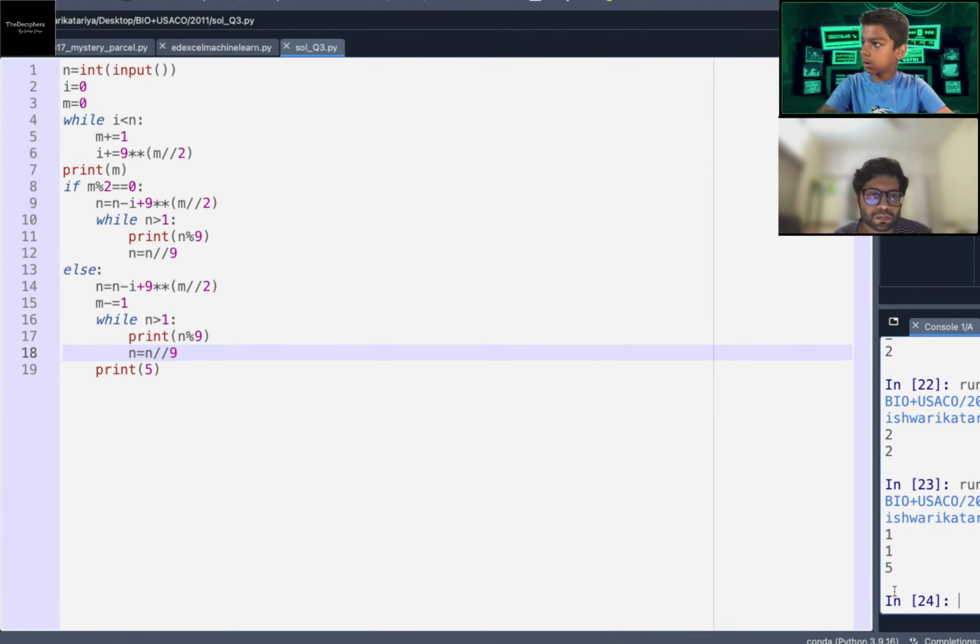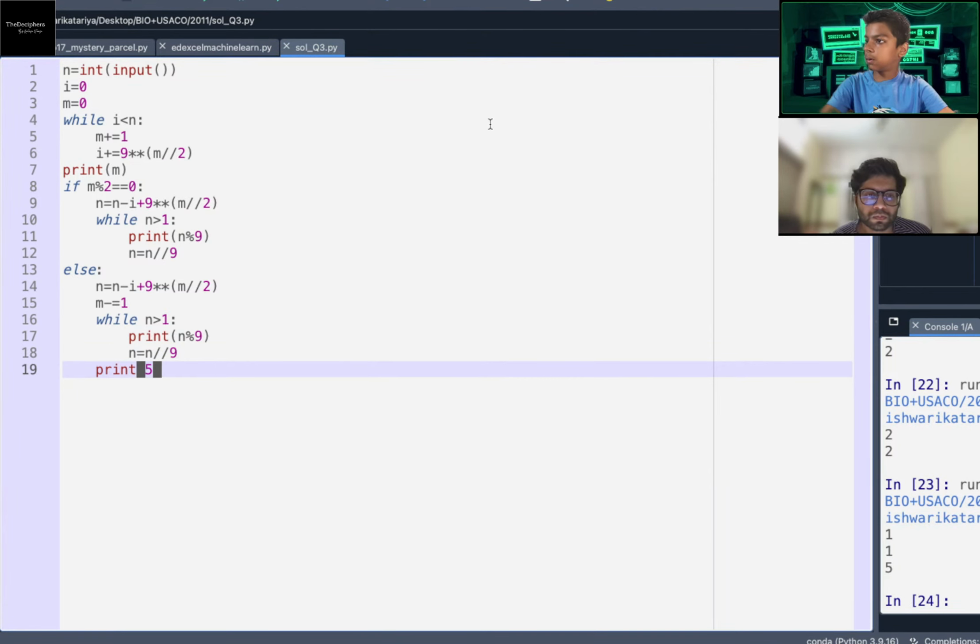For 1, the output's 1 and 5. Wait, it's not supposed to print out that 1, it's supposed to be only 5. I think you have printed m on line 7, that's why.